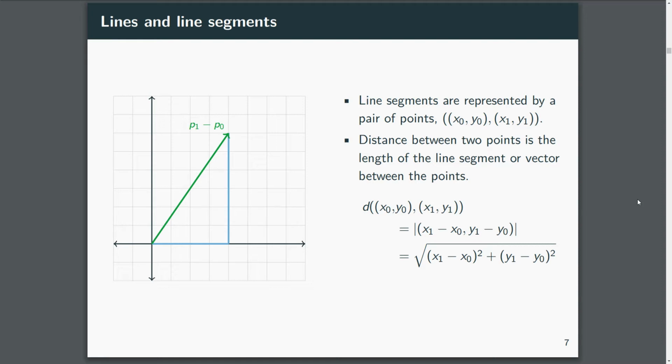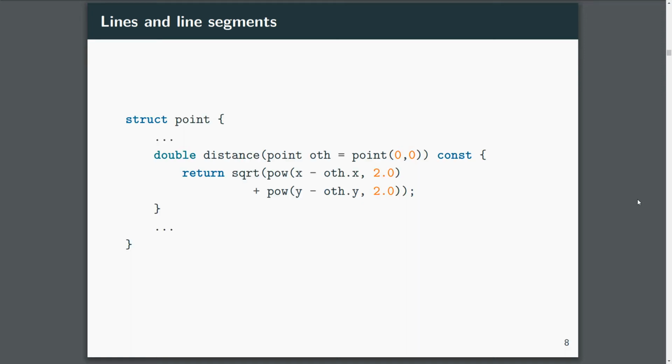So to find the distance between the points, just subtract one of the points from the other to get the vector, and then find its length. If we use our point structure, this will look something like this.